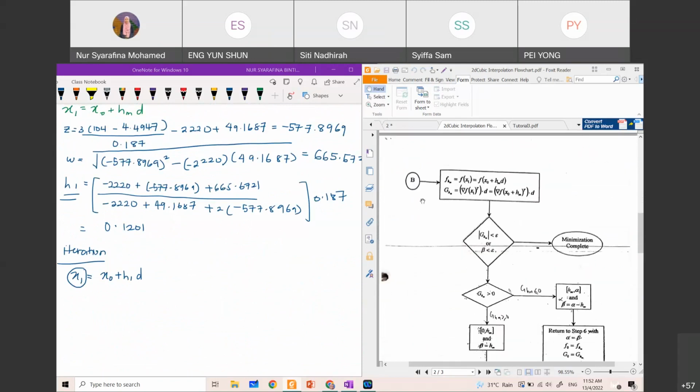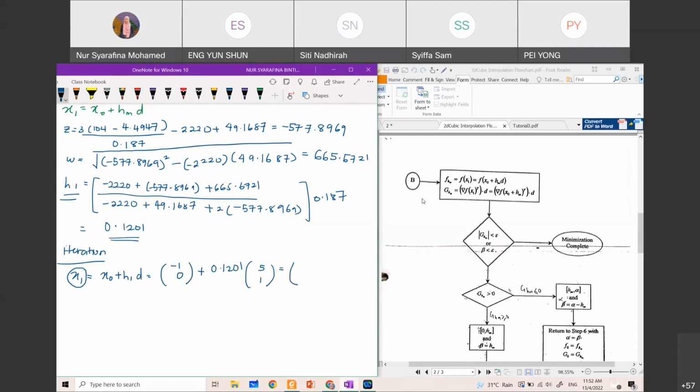Now we want to find x1. Remember our x0 is minus 1, 0. Now we have our new alpha, which is h, 0.1201 times d, which will give you minus 0.3995, 0.1201.